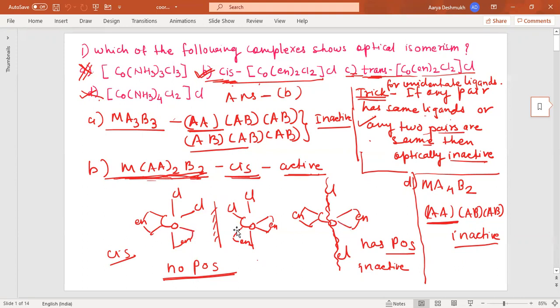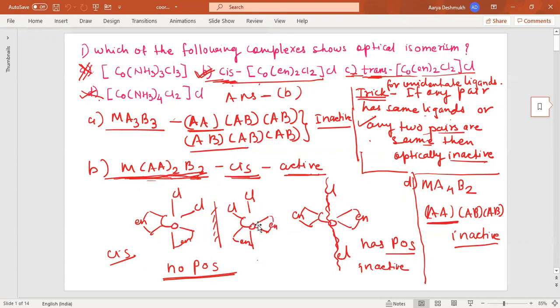Now I drew the structure for both cis and trans. This molecule will not have a plane of symmetry, meaning you cannot cut this molecule into two equal halves. And the trans one can be cut into two equal halves through this plane, so it has a plane of symmetry. So this will be optically inactive, and this is optically active.